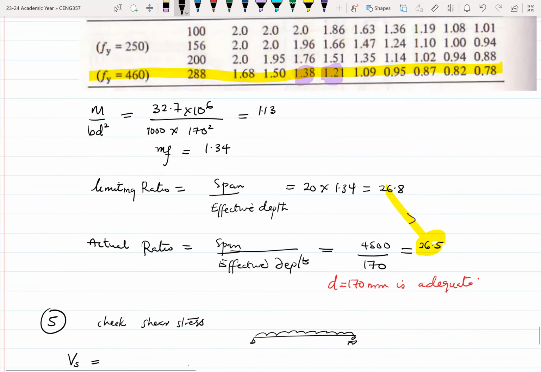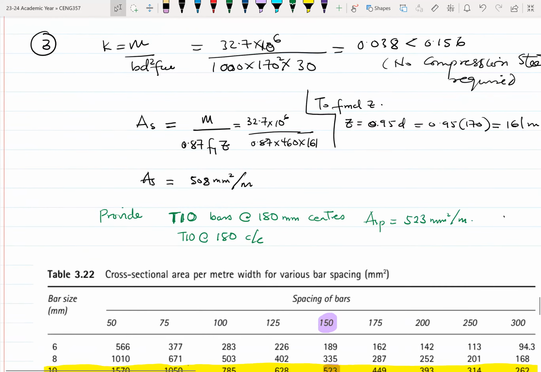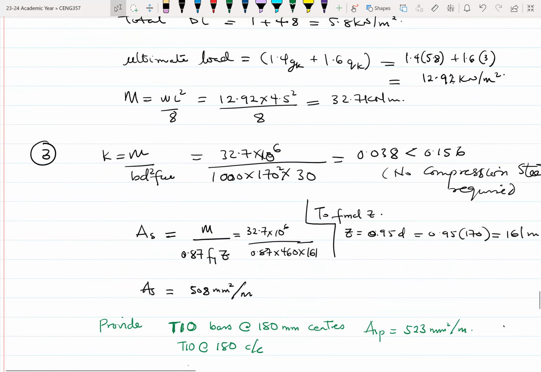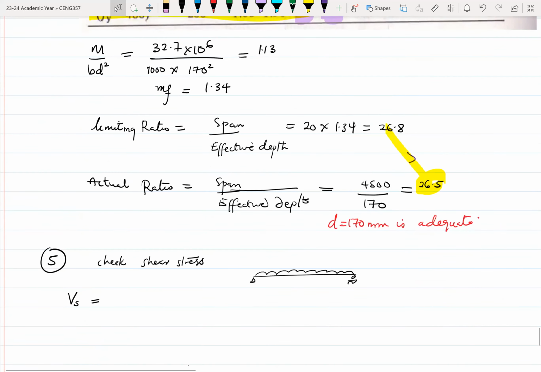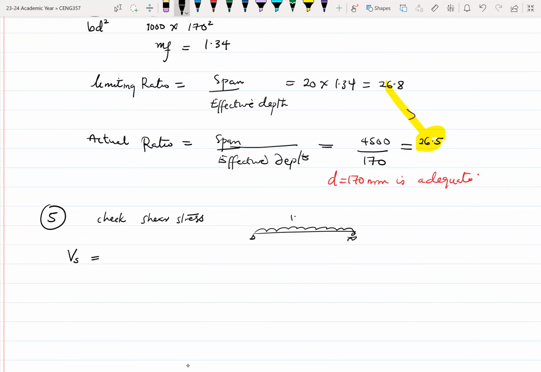Our UDL was 12.92 kilonewtons per meter. This is 4.5 meters. And please take note, your support is 230 millimeters.